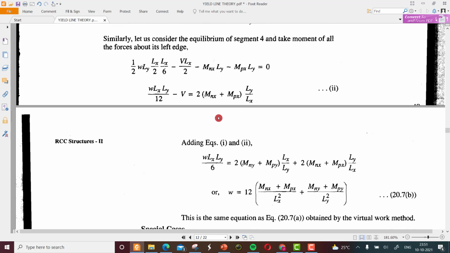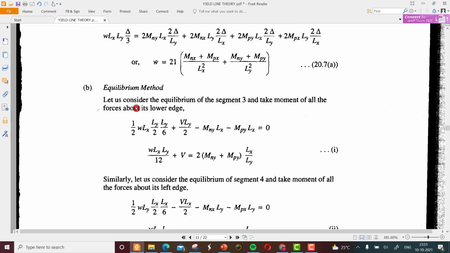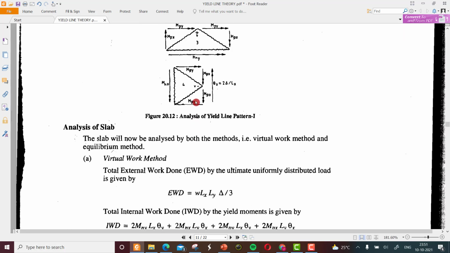So next one is the equilibrium method. We know that the equilibrium method is based on static equilibrium, and for the first case, let's consider the equilibrium of segment 3 and take moment of all the forces about its lower edge.